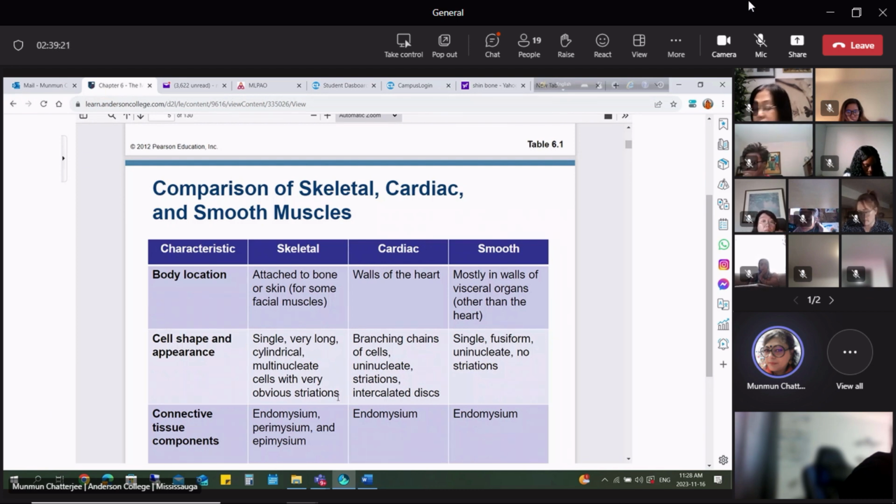Skeletal, from the name, is mainly associated with the skeleton, so attached to bone or skin for some facial muscles also. This is skeletal muscle. What do the cells look like? These are the single cells, long and cylindrical. Skeletal muscles are striated but multinucleated. Note all these points.